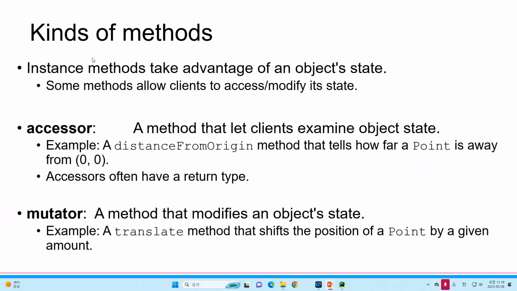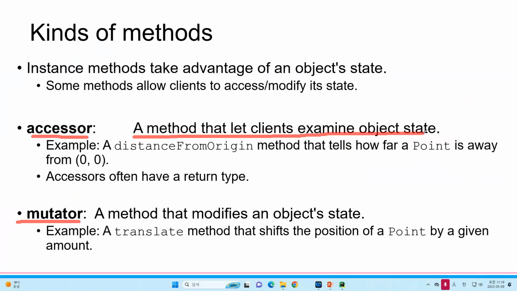So the instance methods take advantage of the object states, and some methods allow clients to access or modify its states. We call them accessor and mutator. The accessor is a method that lets clients examine the object state.